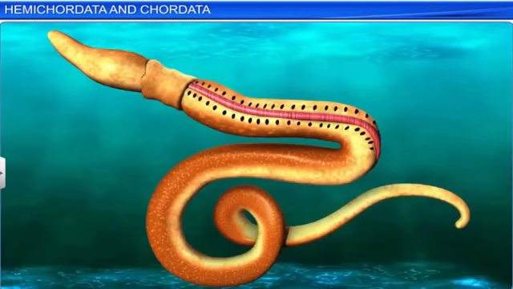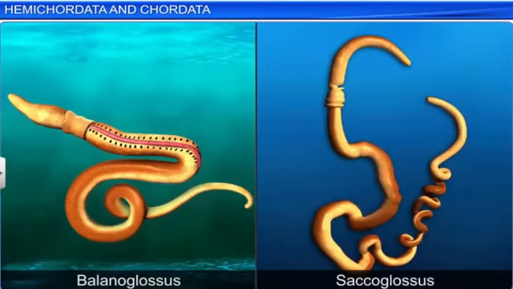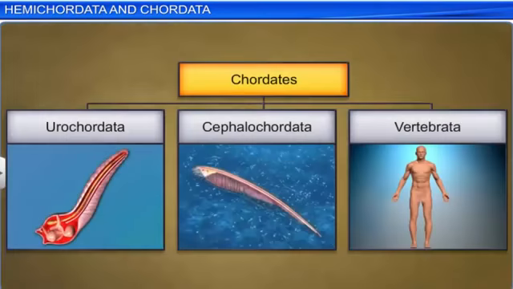Hemichordates are dioecious and fertilization is external with indirect development. Balanoglossus and Saccoglossus are examples of this phylum. Now, let's take a look at the characteristic features of phylum Chordata.